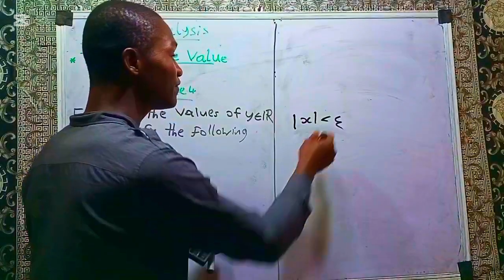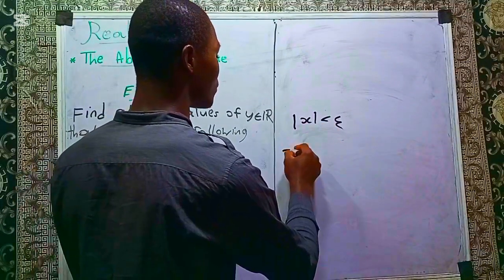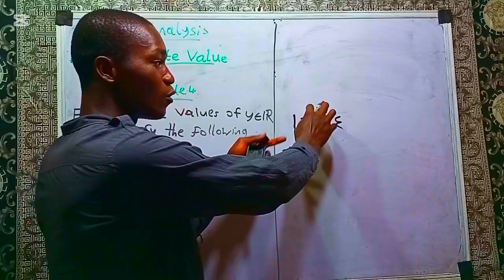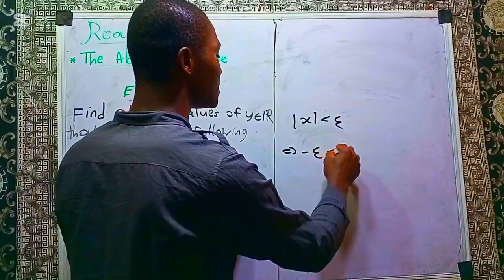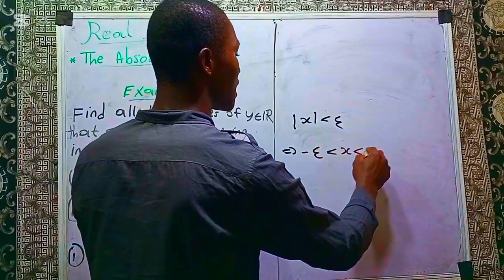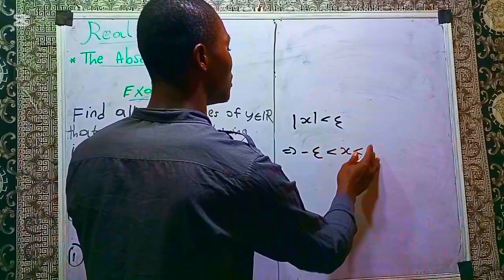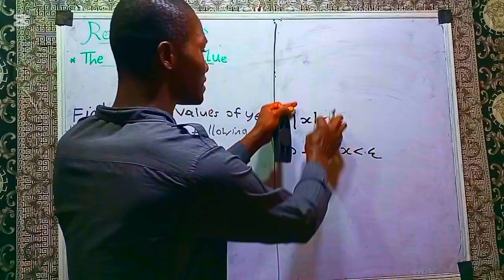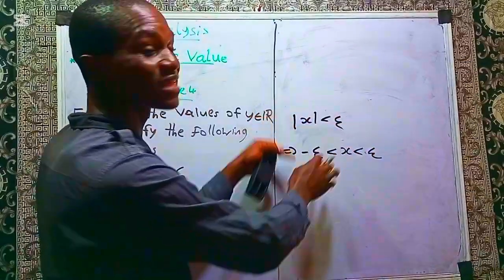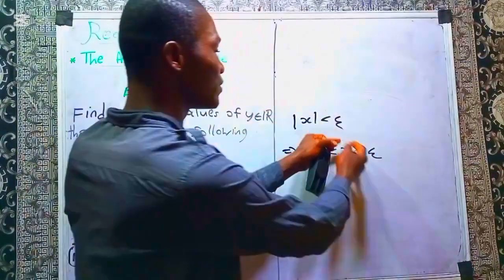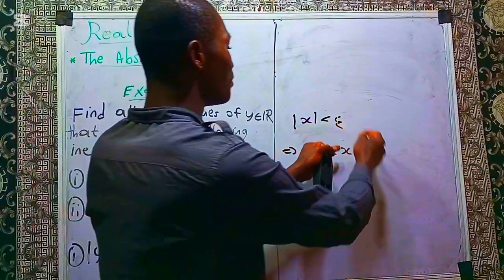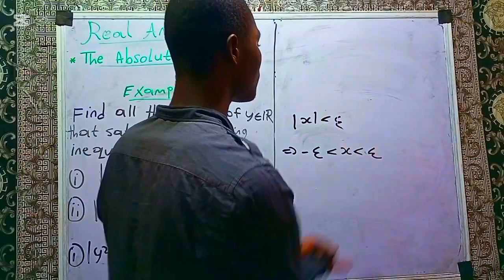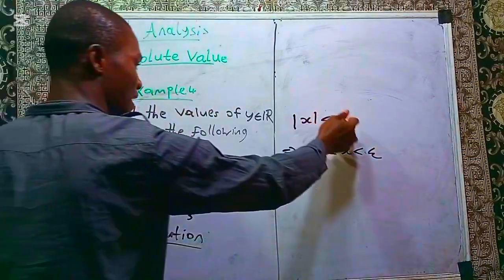Then, if this happens, this simply implies that this quantity inside the absolute value will lie between negative epsilon and positive epsilon. So whatever x is, just any quantity inside the absolute value, it will lie between negative of this positive quantity and positive of the quantity, that is epsilon.